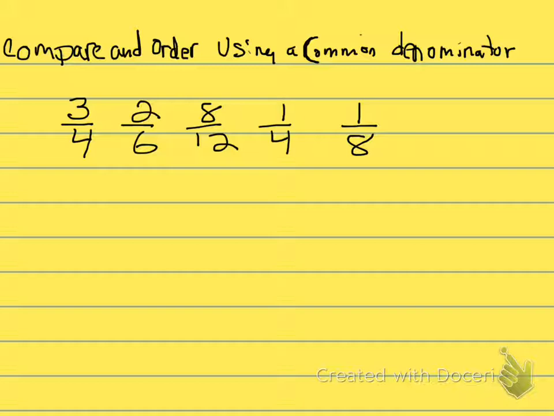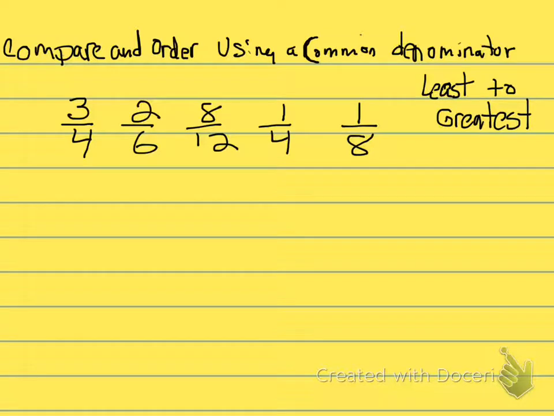Then compare them to each other, and in their original form, put them back in order from least to greatest. Okay, I'll be looking at your work tomorrow, so make sure you use a common denominator for all 5 of these fractions.